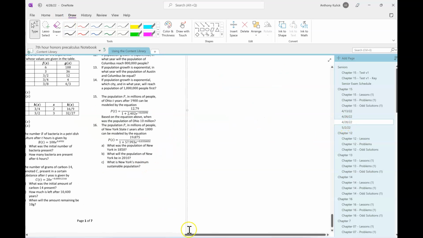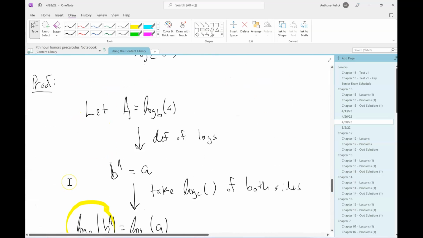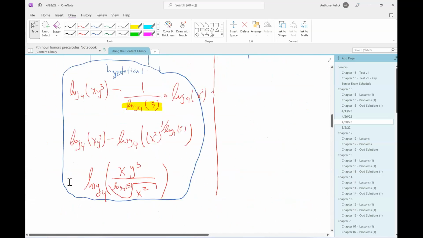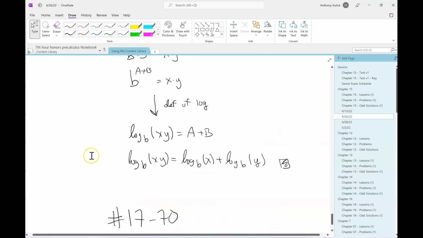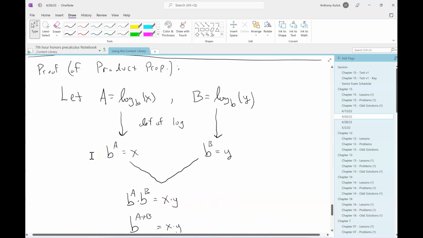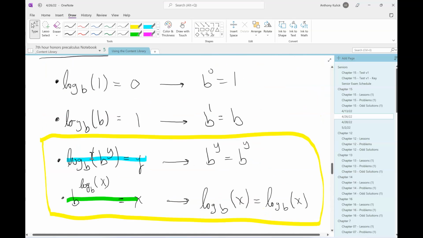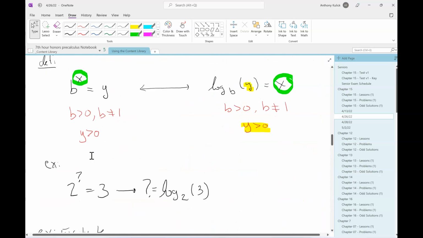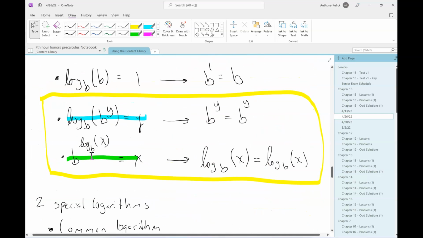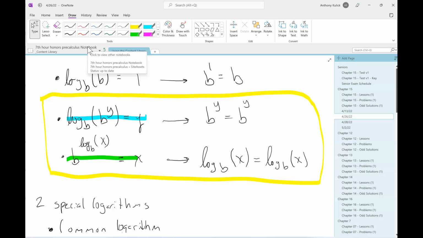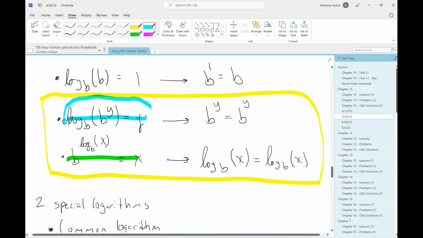That was one of the properties that we came up with on, oops, I guess not this day, the previous day. Where was it? Right here in the yellow. We identified that a couple days ago.